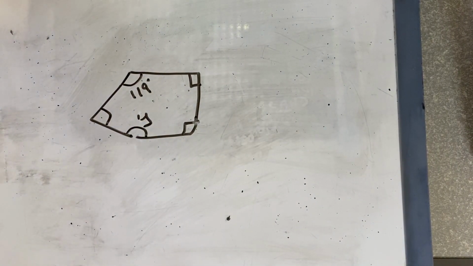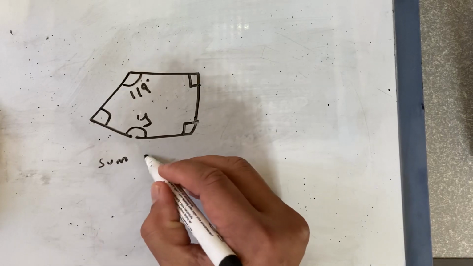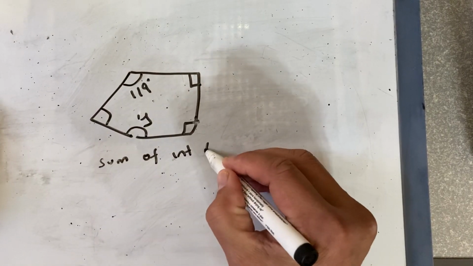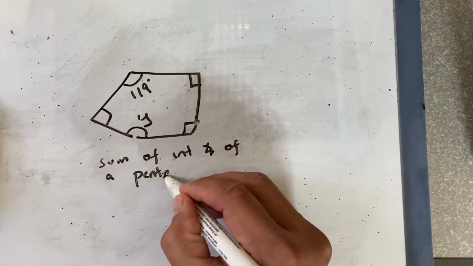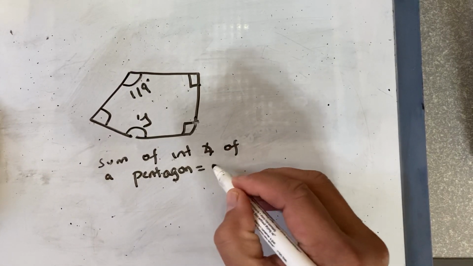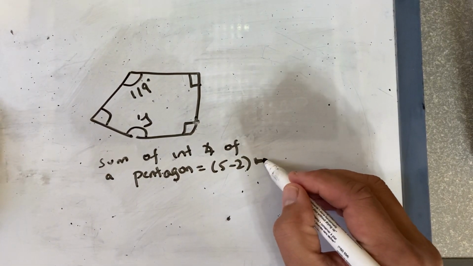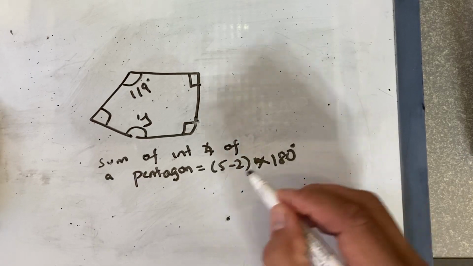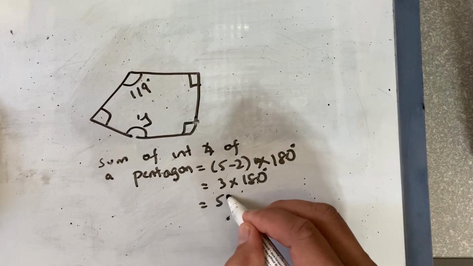The first thing you need to know is the sum of the total of a pentagon. To use the formula, the sum of the interior angles of a pentagon: since a pentagon has 5 sides, it's going to be 5 minus 2 times 180. So the answer is 3 times 180, and the answer is 540.